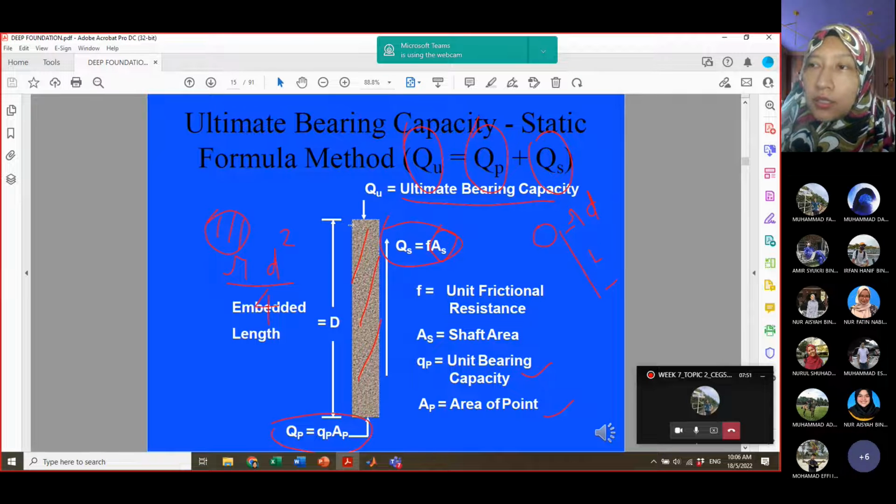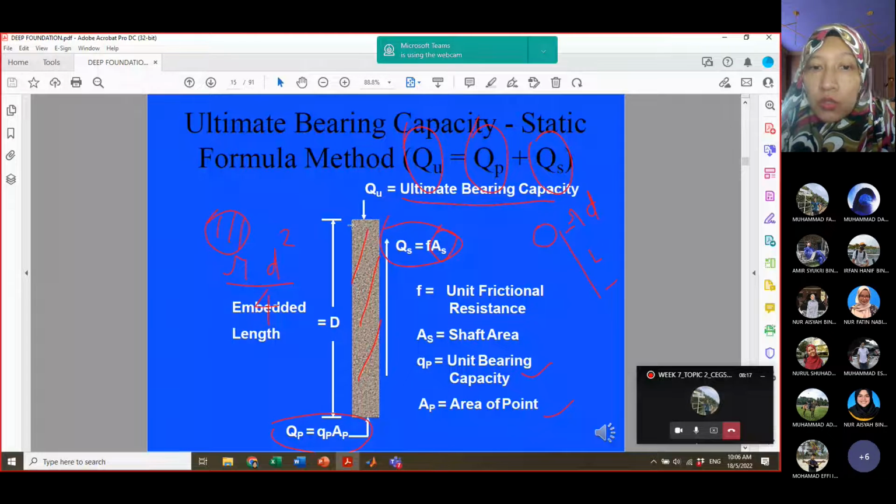But the thing is, when talking about the differences between shallow and deep foundations, for shallow foundations the embedment depth is limited to 3 meters only. However, if you have very problematic soil and you need to go deeper than 3 meters, at that time the shallow foundation is no longer applicable for your construction project.